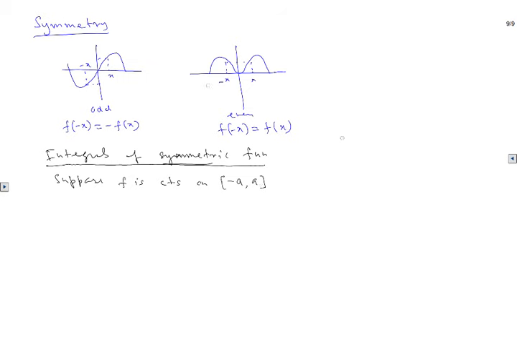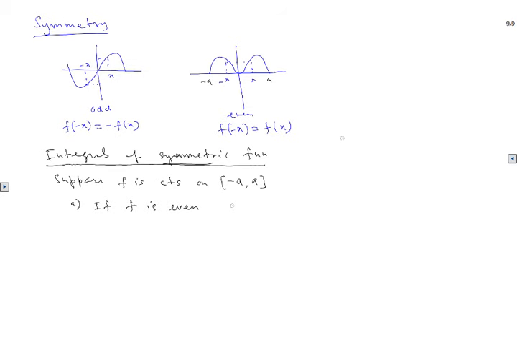Okay, negative a to a. So what it says, the first one: if f is even, what's gonna happen?